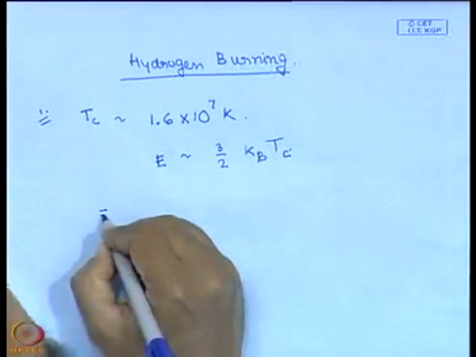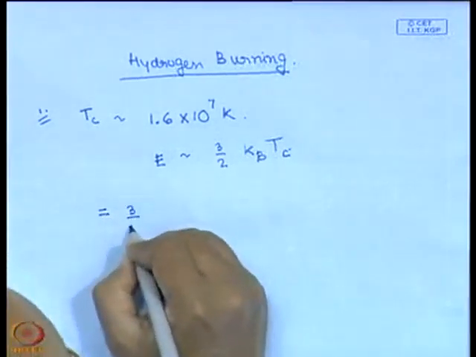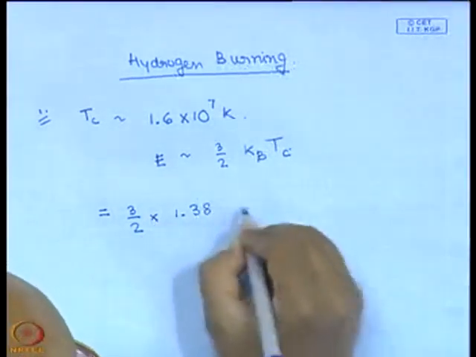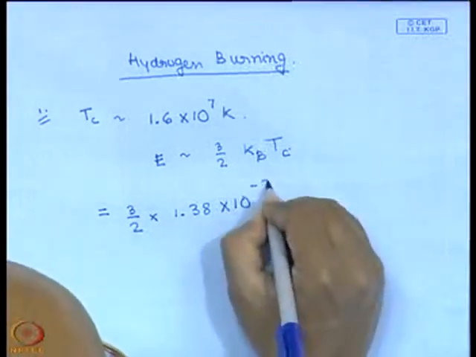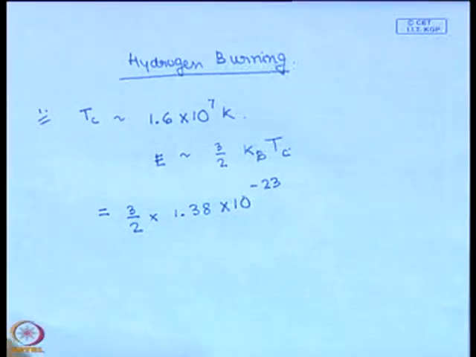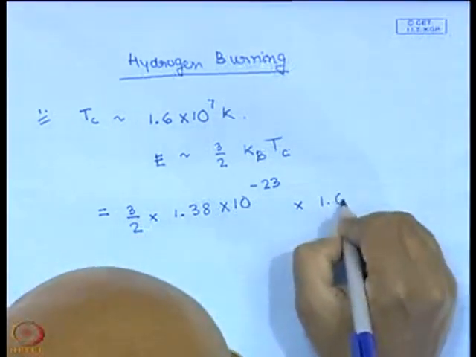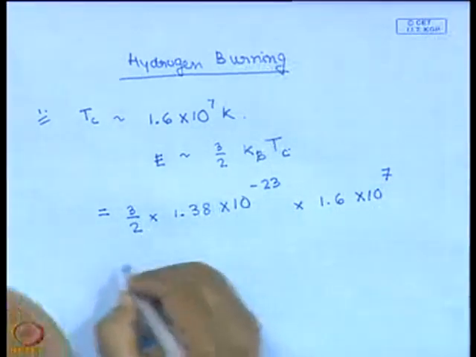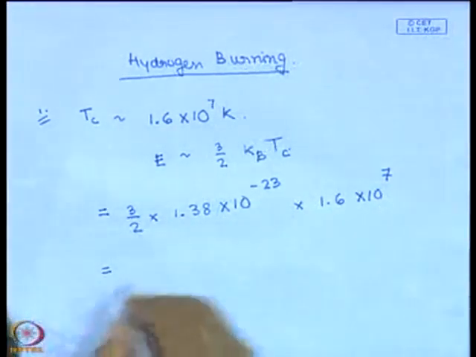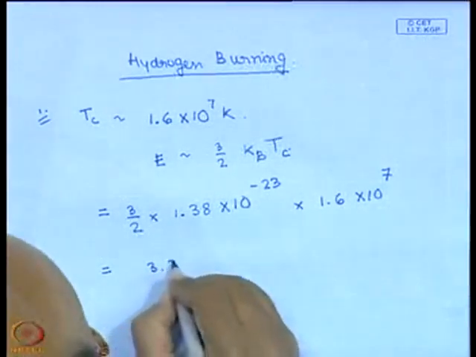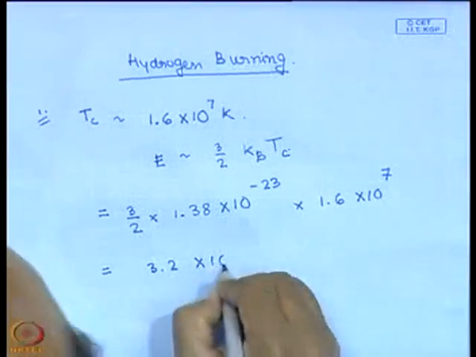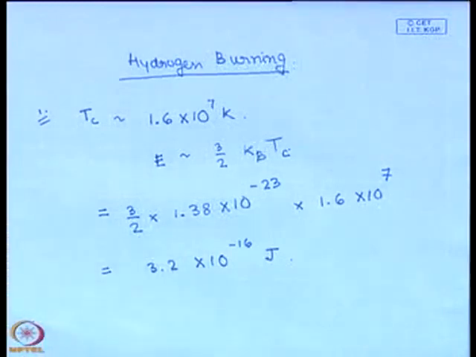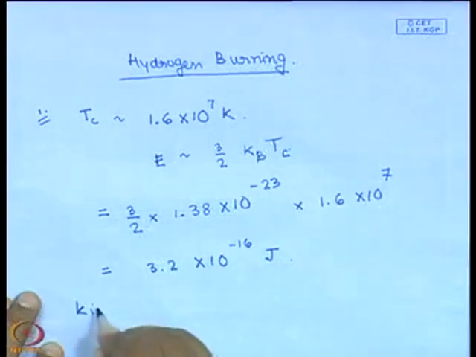So, 3/2 times 1.38 x 10^-23, that is the Boltzmann constant, times 1.6 x 10^7, that is the value of the temperature. If you do the calculation, it comes out to be 3.2 x 10^-16 joules. That is the kinetic energy of the protons.